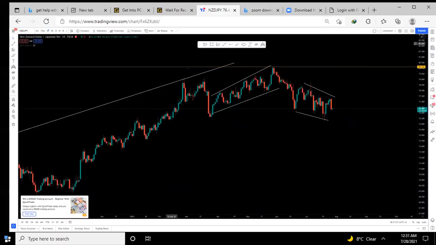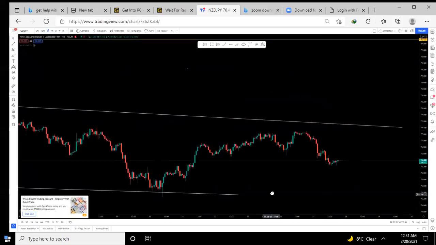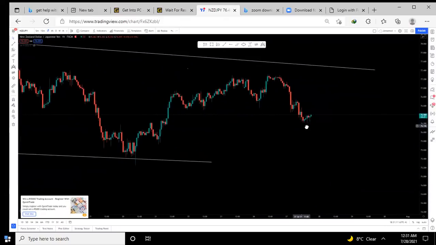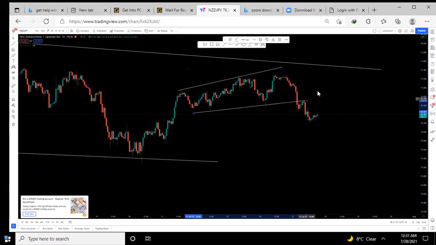So I'll go from the daily to the 4 hour. Let's see what the 4 hour says. On the 4 hour, the pattern is becoming clear. You understand, guys? You can see we have 1, 2, didn't have the third touch. But then as we go 1, 2, there was a break.